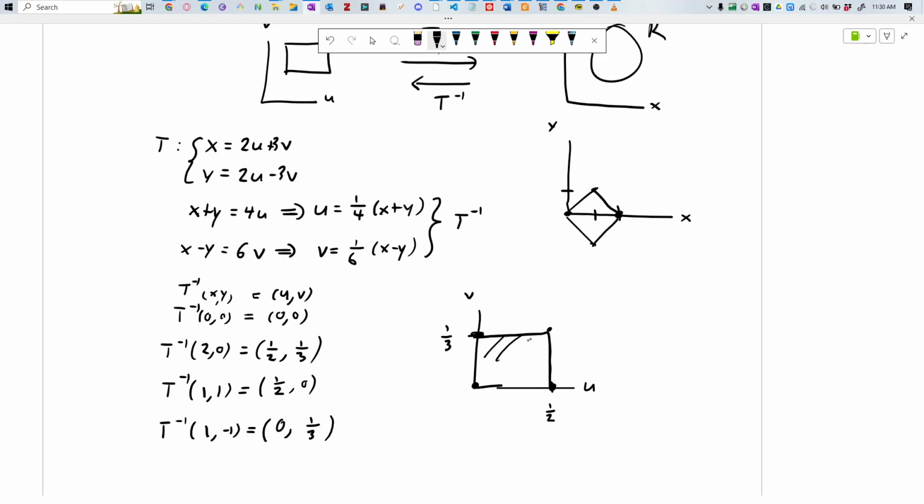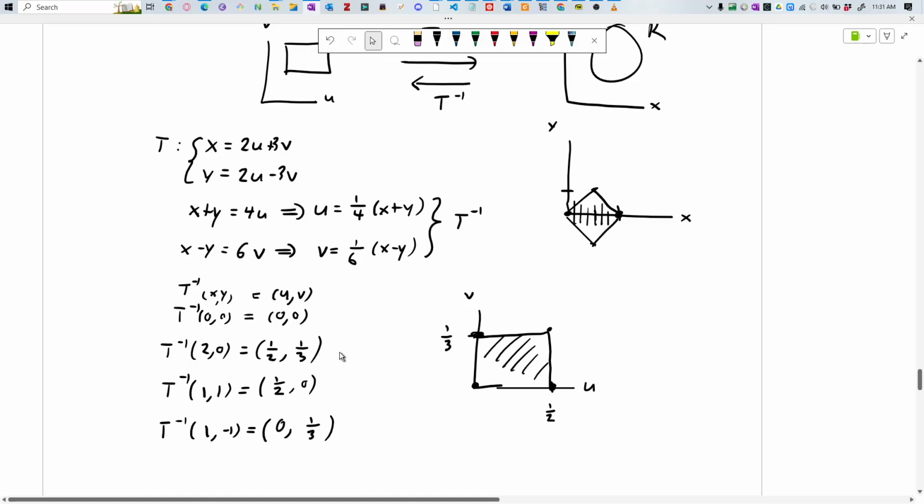So in the xy coordinate system, we end up having this tilted square, which is definitely difficult to integrate over. But under the coordinate transformation, we end up with this rectangle, which is easy to set up the integral for. That's the whole point of doing the coordinate transformation.